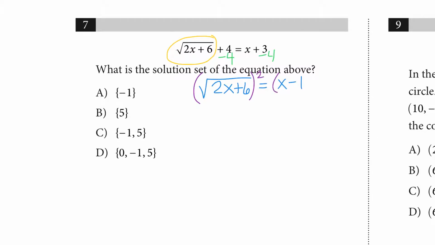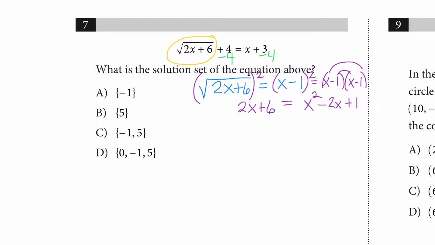So square both sides, and on the right hand side you're going to have x minus 1 squared, which is x minus 1 times x minus 1, and that's going to be x squared minus x here, and the outer and inner will be minus 2x when you combine those two together, and then minus 1 times minus 1 is a plus 1. And that is going to equal the 2x plus 6 because the square root and the squared canceled out.